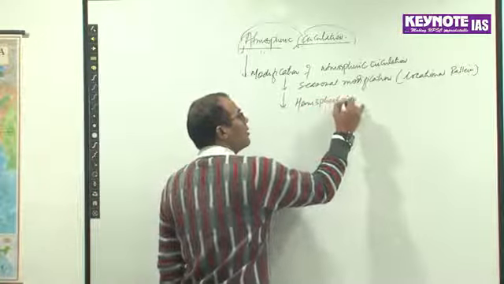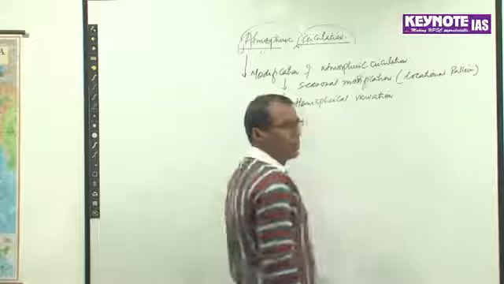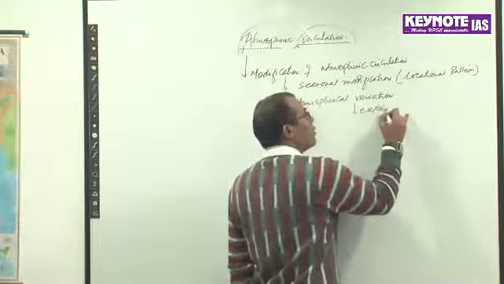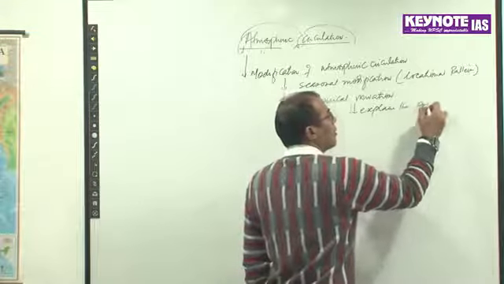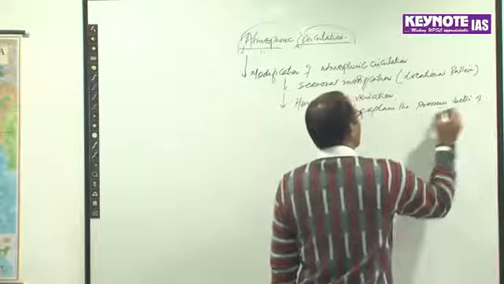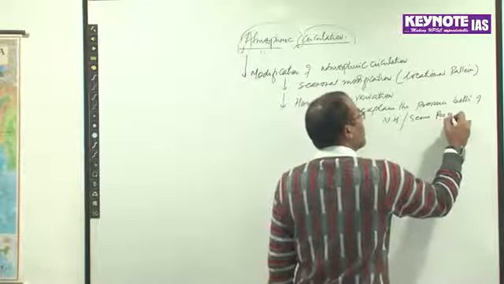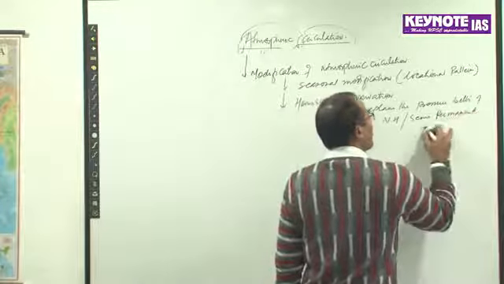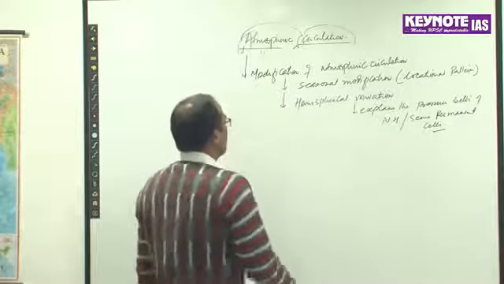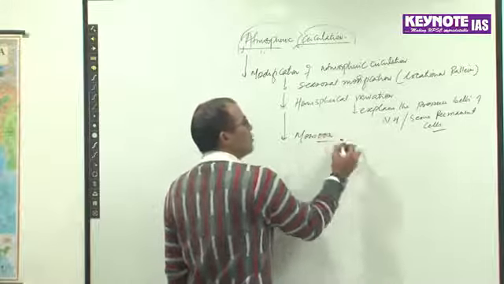Hemispherical variation, explain the pressure belts of northern hemisphere, especially the semi-permanent cells. The most important modification, monsoon.